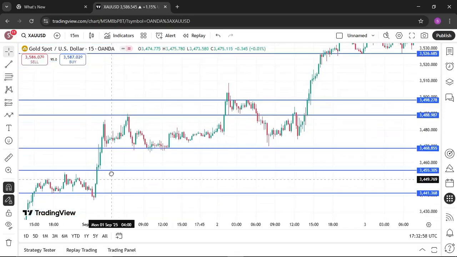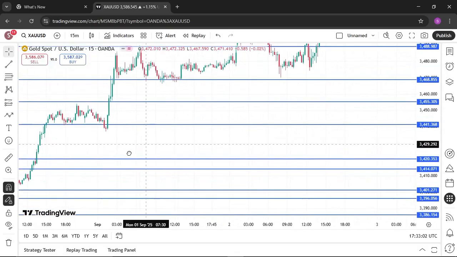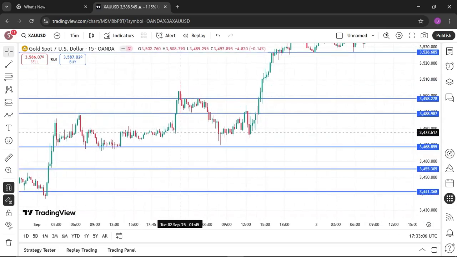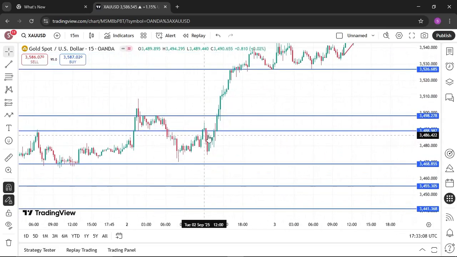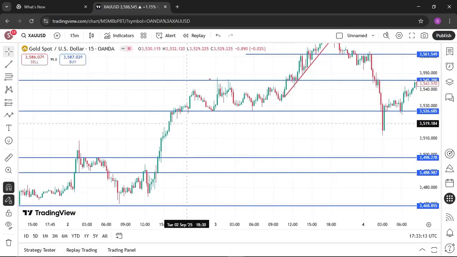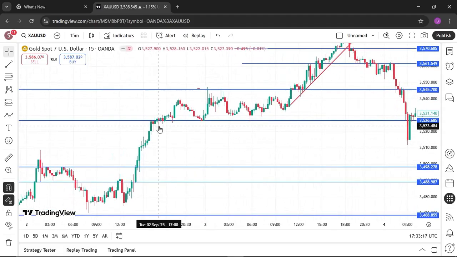I'm trying to look for a very good candle that will show you a fake out. Okay, just look at this red candle. The candle wanted to close inside the line.